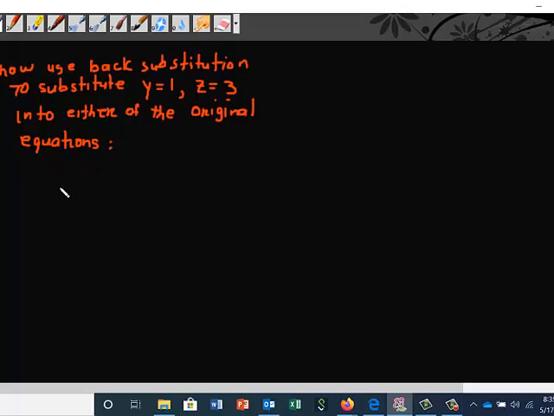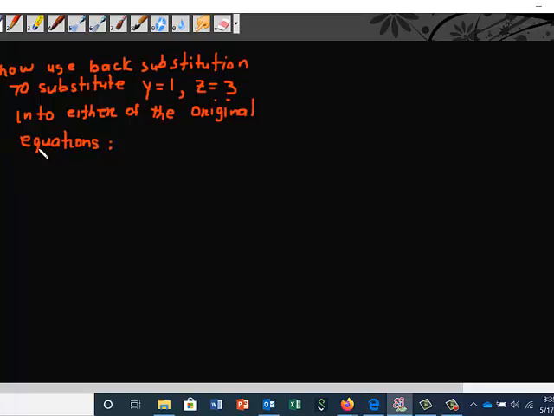So here we'll substitute this back into equation number 1. Is that right? Equation number 1, yes.